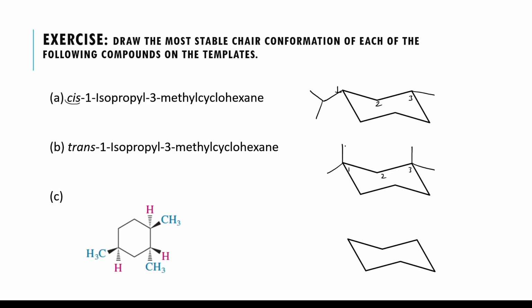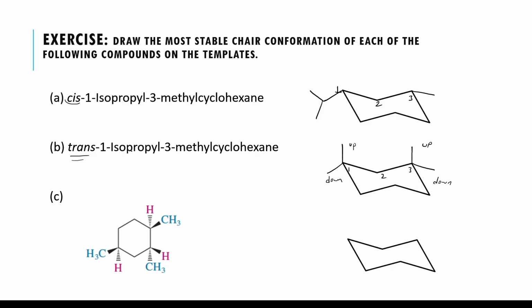And we know that in the first and third carbon, axial positions are both facing upward and the equatorial positions are both facing downward. Trans means that they should point in opposite directions, or they should be on the opposite faces of the ring. So one should be up and the other should be down.